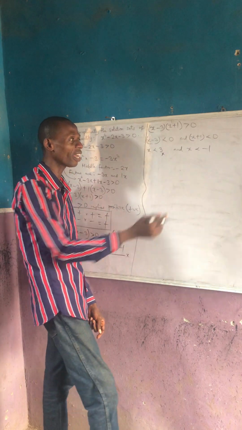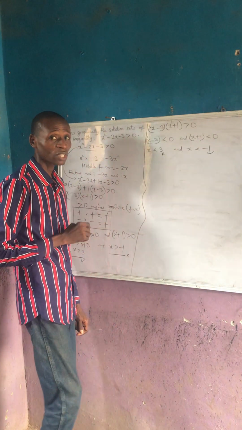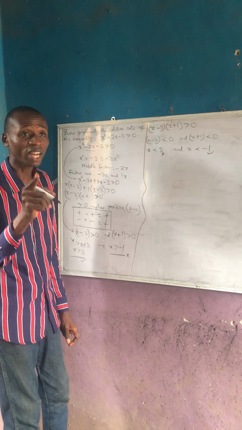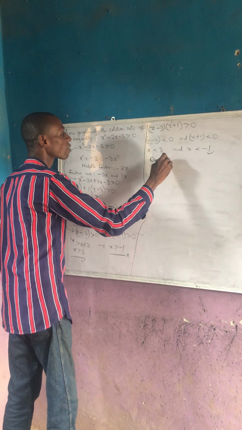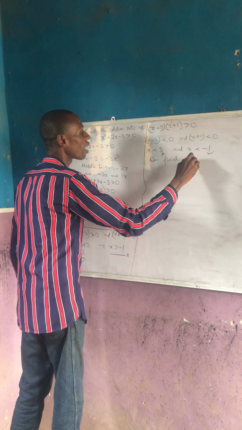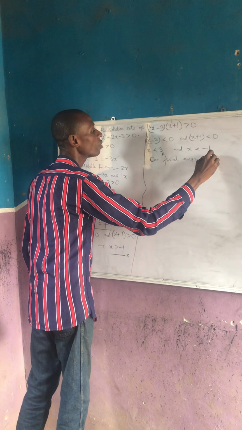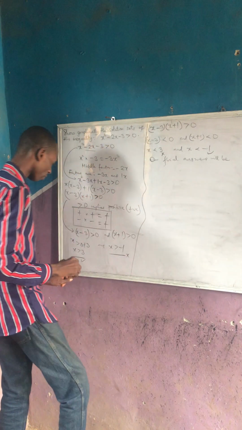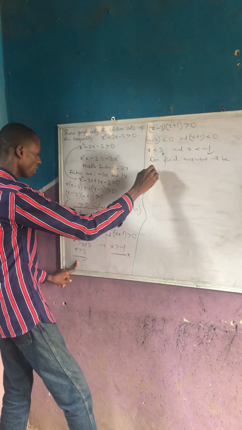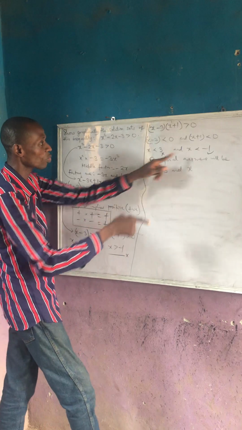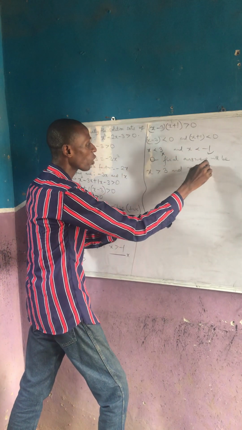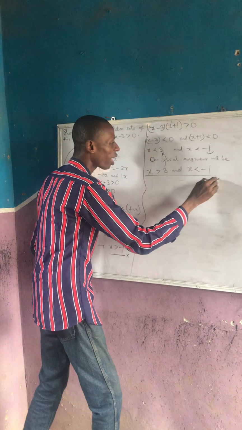Yes, it's a big yes. So this is valid. In the final analysis, our final answers will be x greater than 3 and x less than minus 1. These are the final answers.